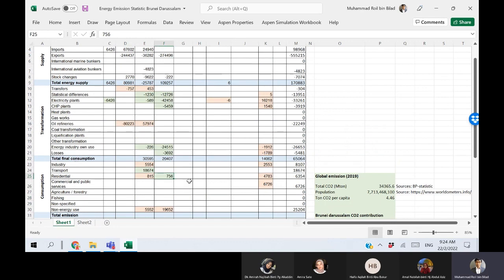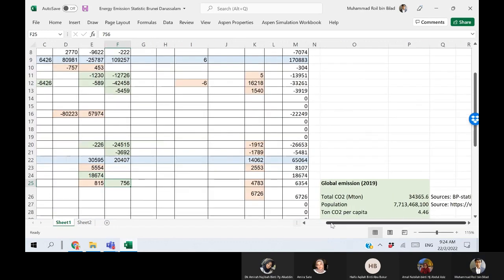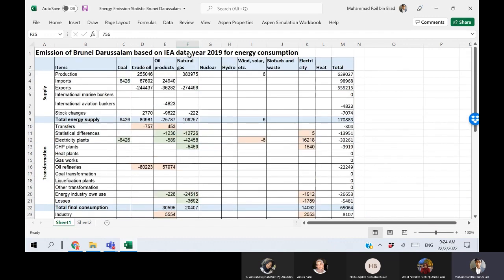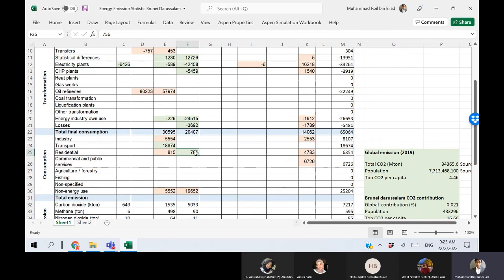This guy here, residential. This is actually natural gas, the liquid LNG, the one that you use for cooking at home. Transport, this is supposed to be your petrol.